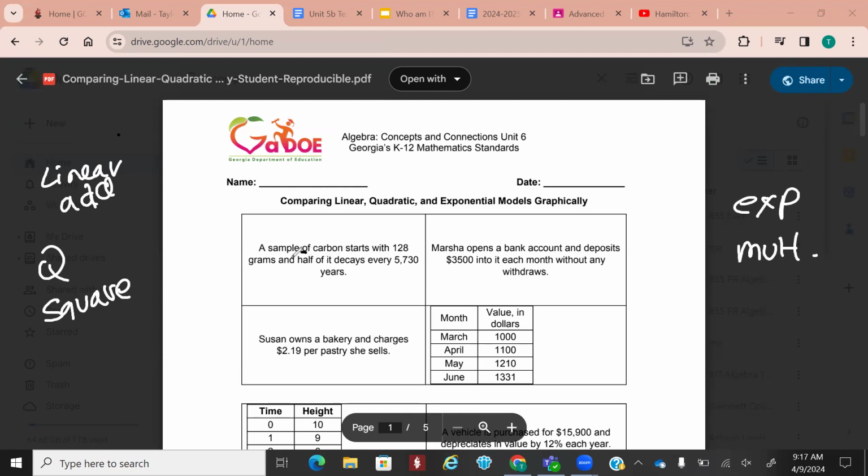No. It uses the word half, which means that we're multiplying by 0.5. So this is going to be exponential. Now, Marcia opens a bank account and deposits $3,500 into it each month without any withdrawals. So is that adding, squaring, or multiplying? Adding, so that's going to be linear.